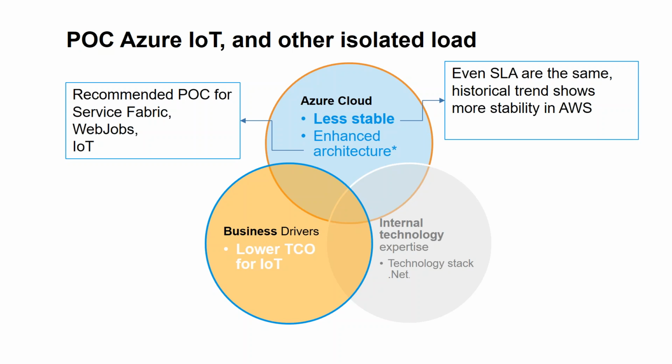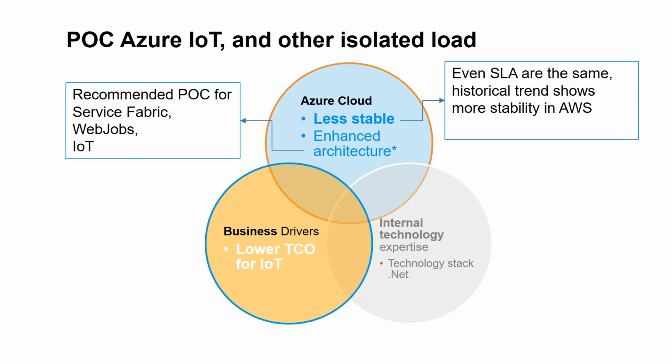And another question is how do you predict the trend in the future? So you saw there were outages in the last 3 months. What about the next 6 months? So it's up to an analyst to make a call and say, okay, based on that, my perspective is this. Based on historical trend, we might predict, with certain variation, that it is going to be less stable on Azure, right?